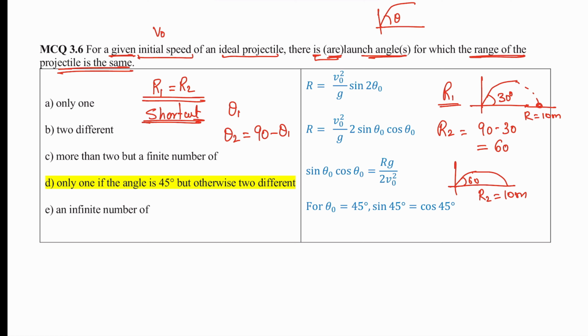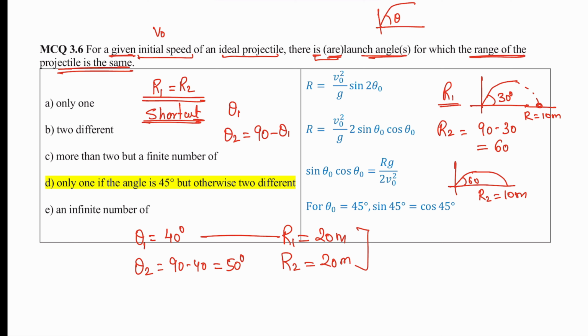Is it fine? Let's say one more example. If theta 1 is 40 degree, then theta 2 should be 90 minus 40, that should be 50 degree. So that gives you range 1, let's say 20 meter. Then this will also give you range 2 equal to 20 meter.